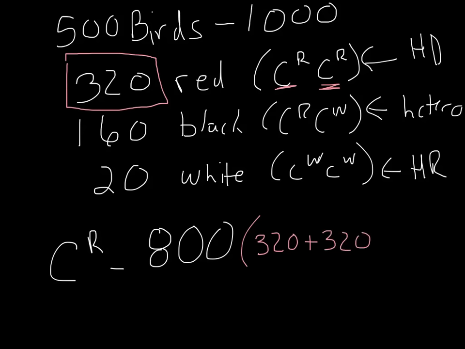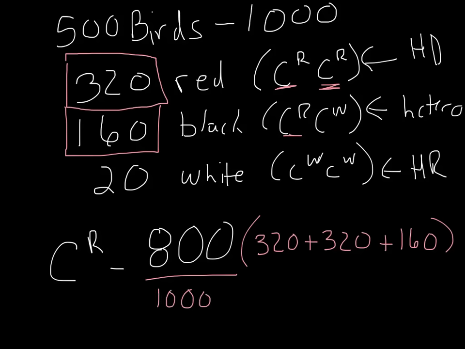And then we also have 160 from the blackbirds. That's going to give us our 800. Okay, 800 over 1,000 is going to be 0.8. So remember that number.